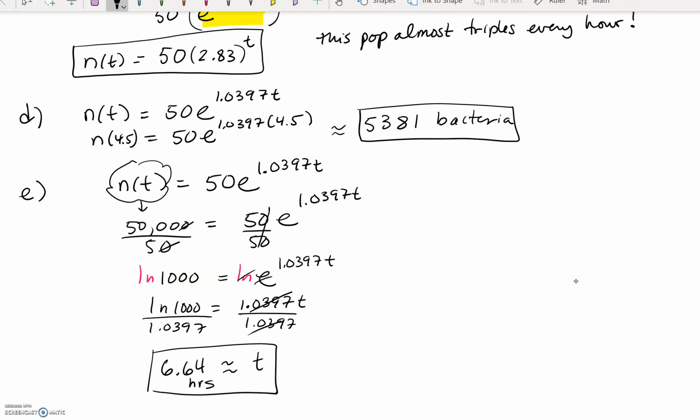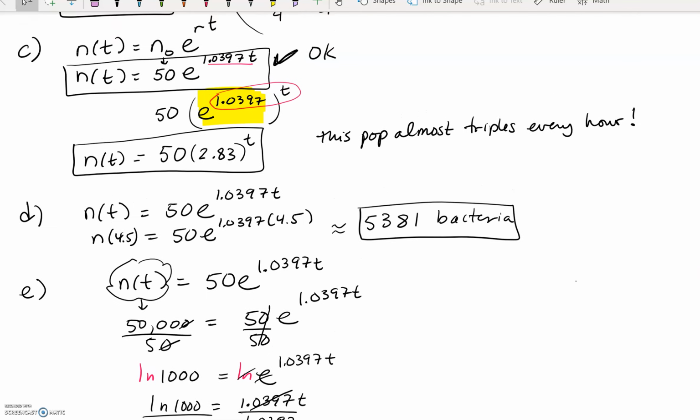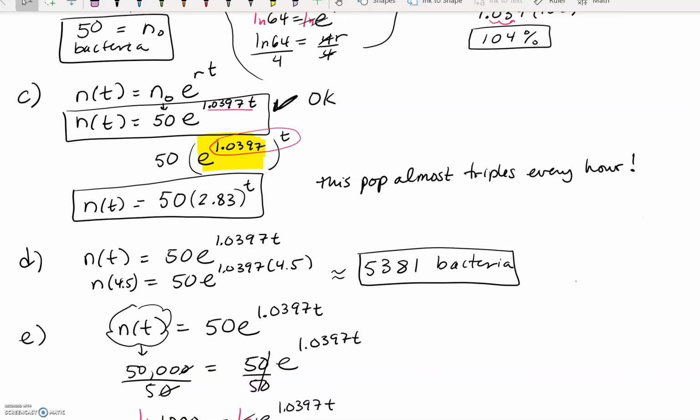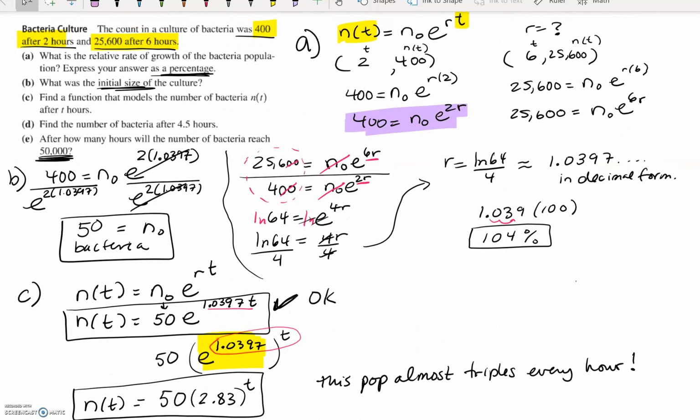So you want to keep in mind that when you're talking about these growth problems, you can have different equations represent the growth. It could be in terms of its growth factor, its growth rate, its relative growth rate, or, as we saw in the previous examples, its doubling time. But the process is pretty comparable.